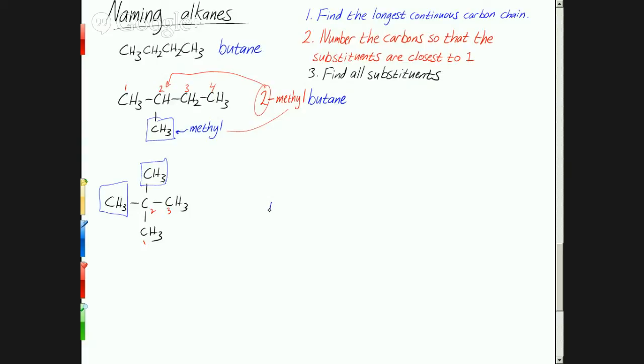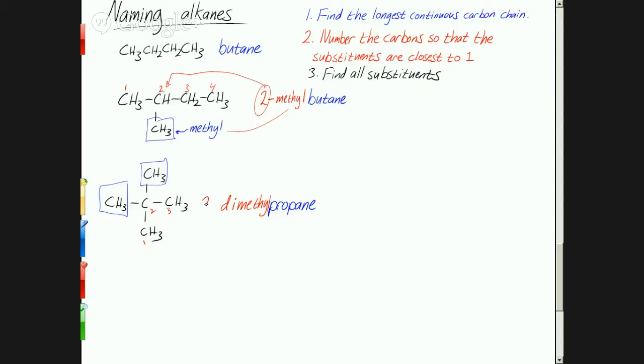Anybody remember? It's propane. So the way we account for that is instead of just saying methyl, we say dimethyl, meaning 2 of them. Dimethylpropane. And then when we do our numbers, each substituent gets its own number.